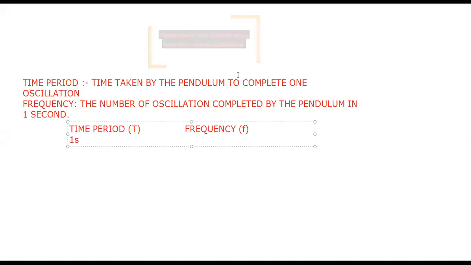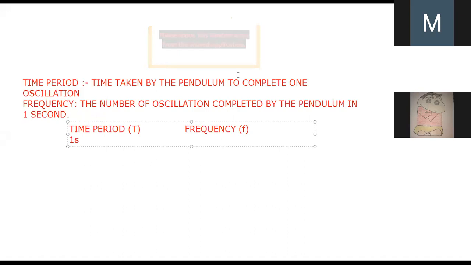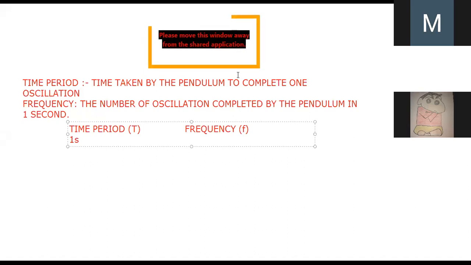Write the frequency. I have received 2 responses, 3 responses. All 3 of them are correct. Soham, Monish, Avni, yes, your answer is right. I'm waiting for more responses. Yes, very good, Krish, very good, beta.